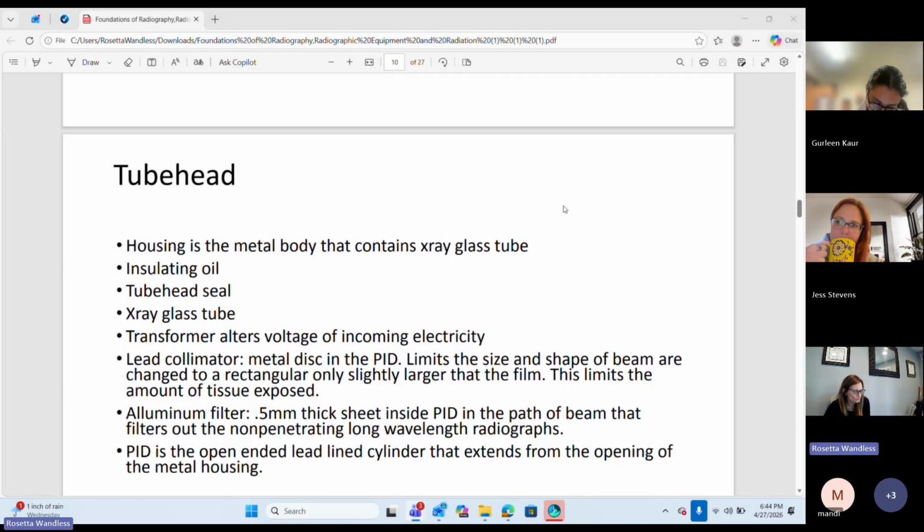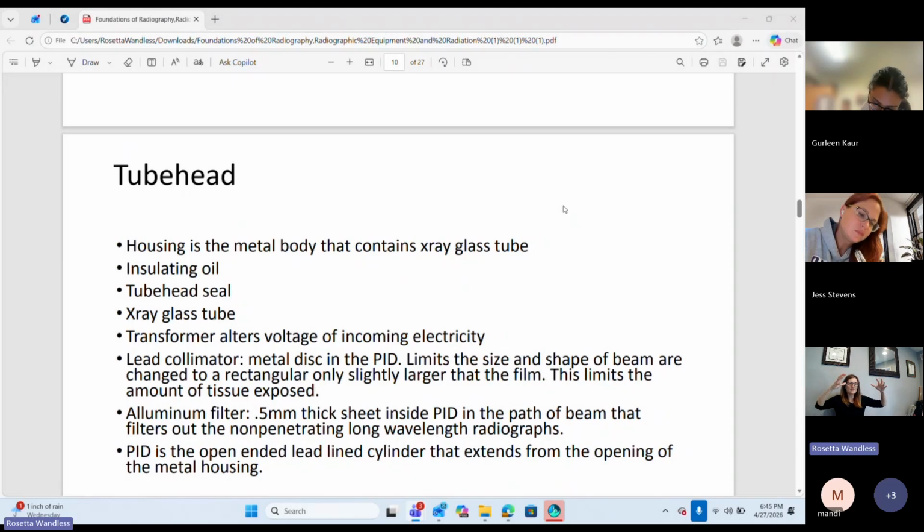The tube head itself is typically housed in a plastic, aluminum, or even a metal body. So it's okay what the outer part is. It's the inside that keeps us safe. So let's look at it from outside in.